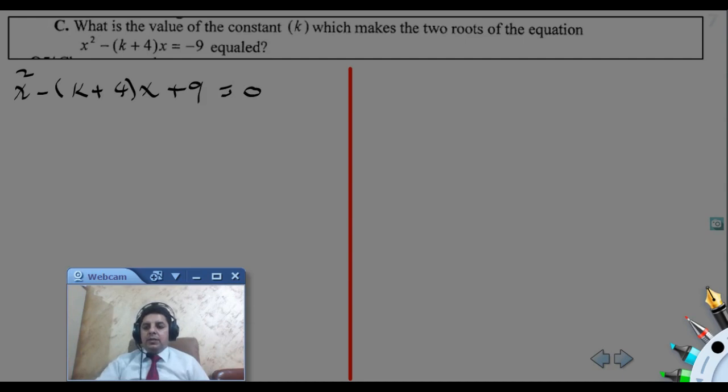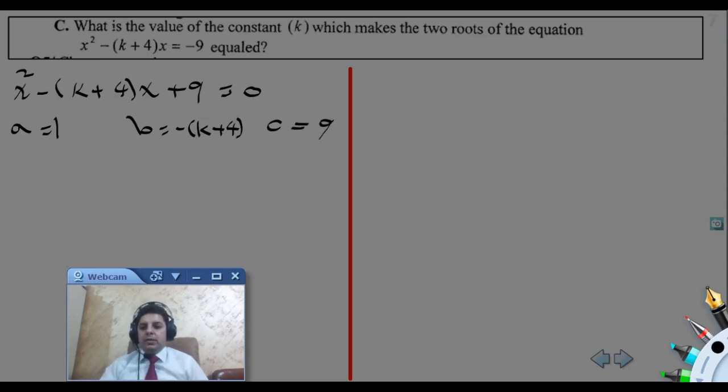By using this discriminant, he wants what a, what b, and what c. A is the coefficient of x squared, 1. B is the coefficient of x, equal to negative (k plus 4). C equals 9.